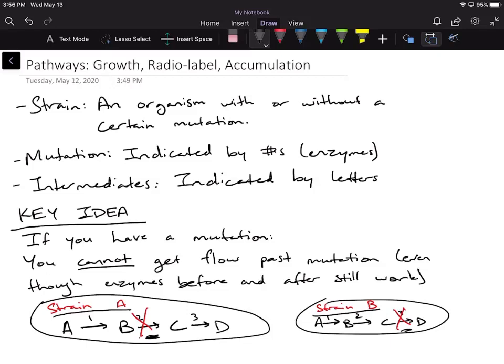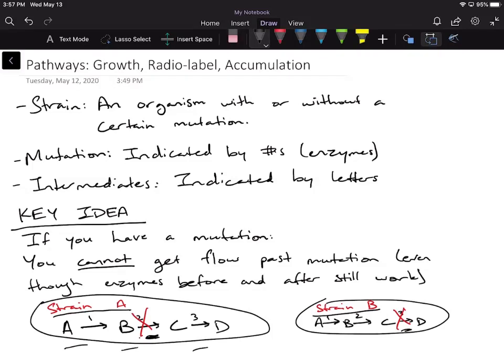So what you do in these experiments, and the whole point of these experiments, is that you make different strains, okay, of the same organism, and what you're doing is you're basically mutating different enzymes on a specific pathway so that you can elucidate the order of intermediates in the pathway.